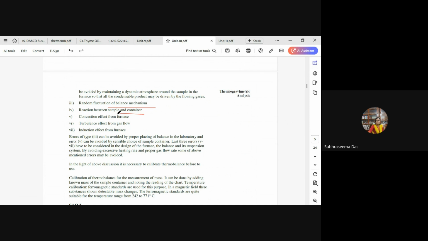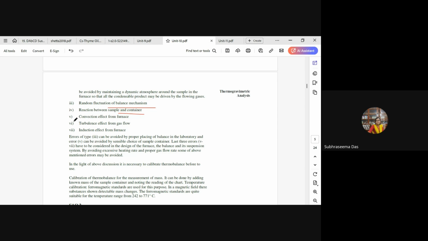Here the error of type 3, that is the random fluctuation of the balance, can be avoided if we handle the balance with great care. And error 5, that is the convection effect from the furnace, can be avoided if we take a proper sample crucible made up of either aluminum pans or quartz materials.